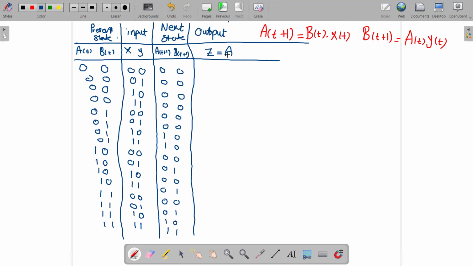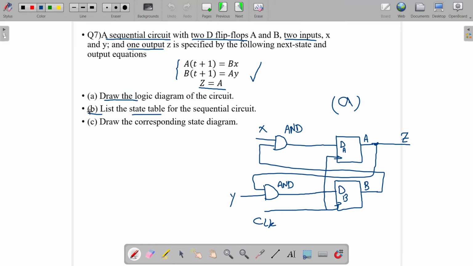Now we can fill this output according to this A in this form that you can see here. Now again, according to this A, we write the Z. That was section B that we talked about here.